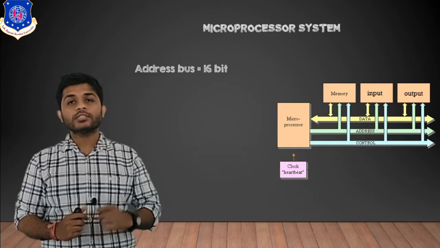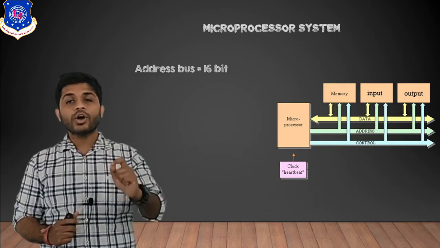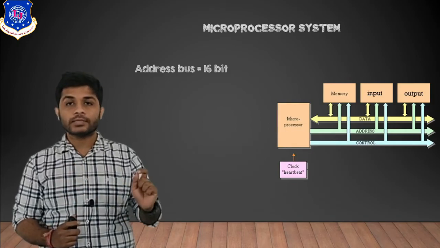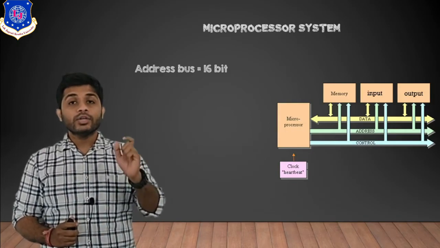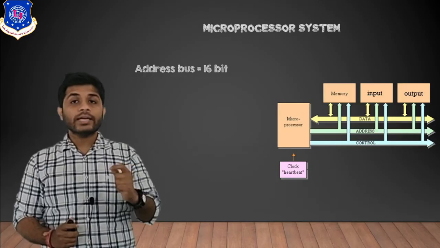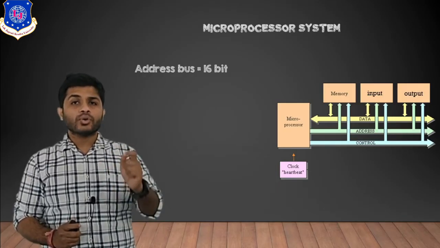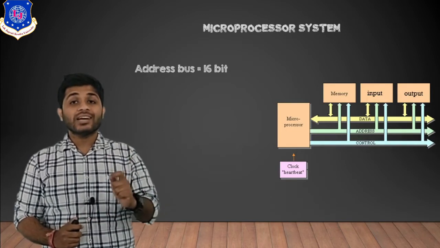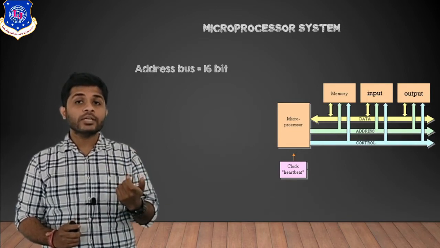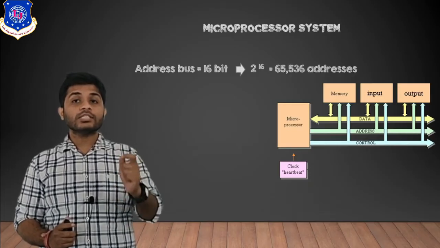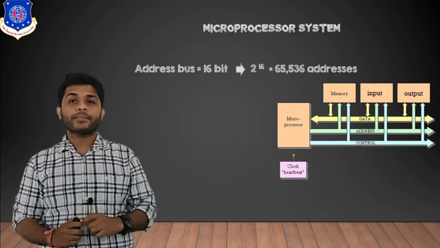Using the address bus, the processor will send the address of memory or input output device. That's it. And using the address bus, you can get the information about how much memory you can interface. Right now for the 8085, the size of the address bus is 16-bit, so you can interface 2 raised to 16, that is 64K memory.